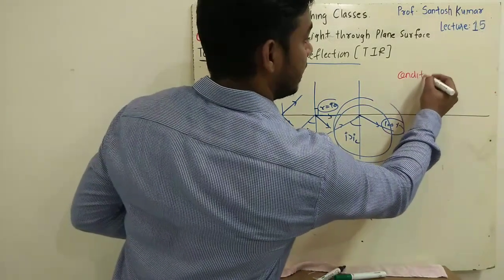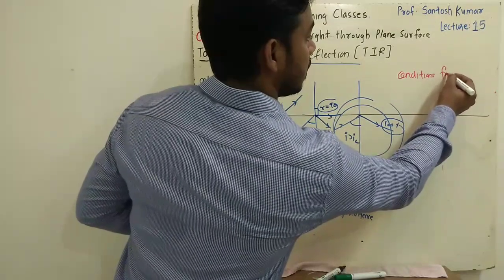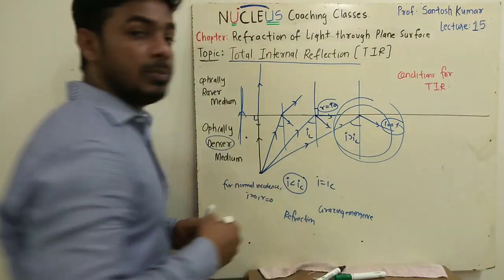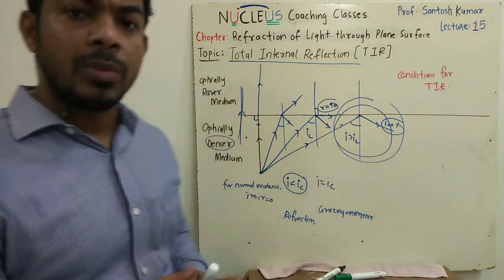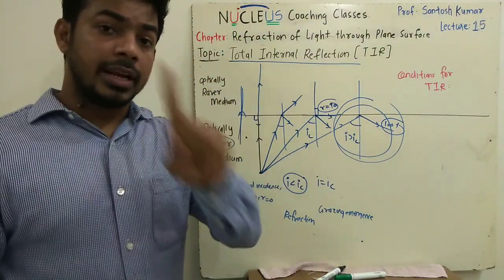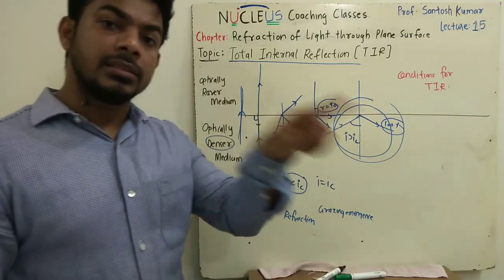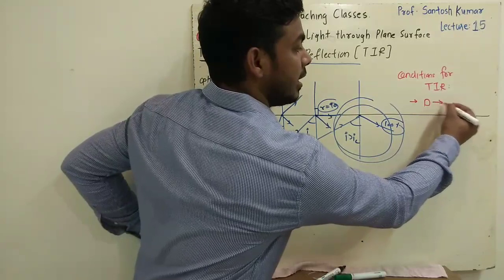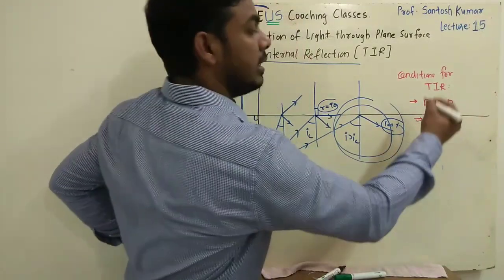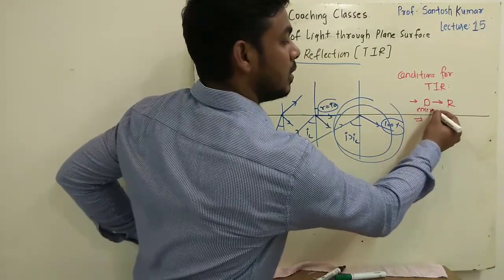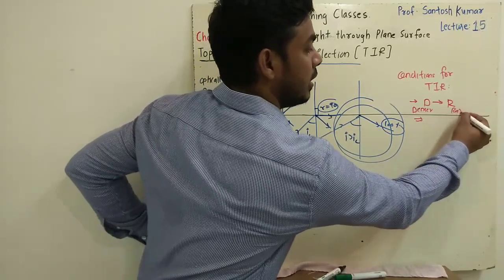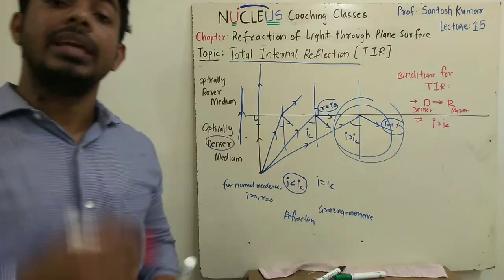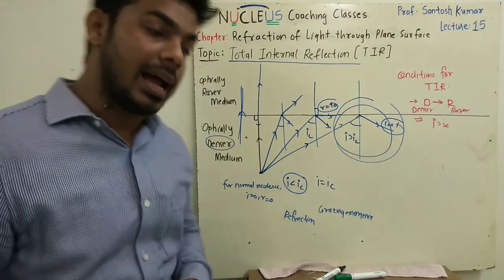The conditions for total internal reflection to take place: this question is of 2 marks, and you have to say that the first condition is that the ray must travel from optically denser to optically rarer, and second, the angle of incidence should be greater than the critical angle.